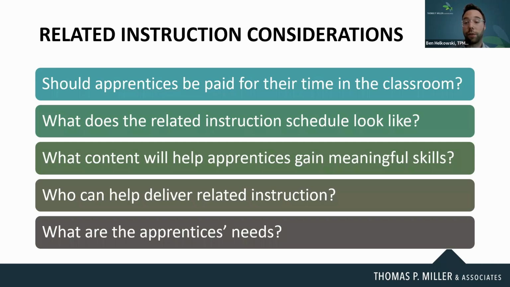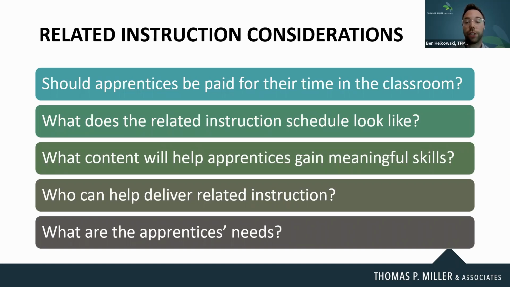Will you partner with experienced staff members or retired staff members, especially as older generations approach retirement age? That can help them transfer their knowledge onto the next generation. And last but not least, another consideration is, what are your apprentices' needs?